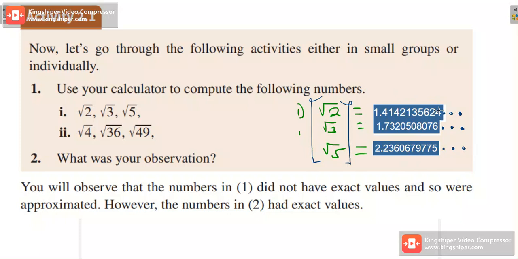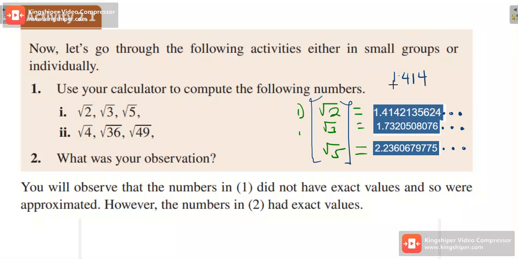And for the fact that the value continues, it is non-terminating. It does not repeat. It does not terminate. When we say terminated decimal, 1.414, that is all, it has ended.